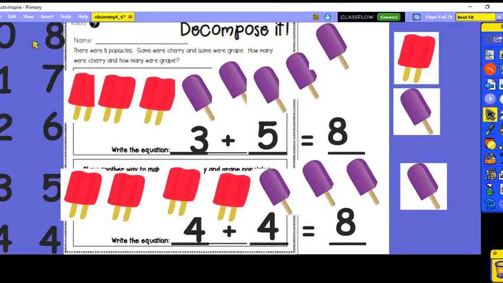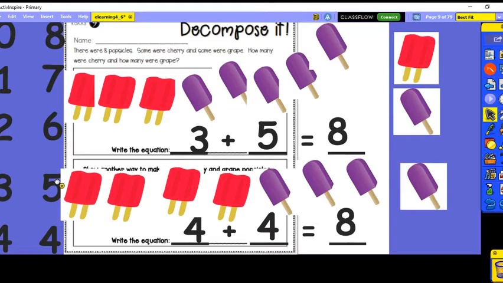If you had 0 cherry popsicles, you would have 8 grape ones. If you had 1 cherry, you would have 7 grapes. If you had 2 cherry popsicles, you'd have 6 grape popsicles. If you had 3 cherry popsicles, you'd have 5. All these are totals to get to 8.